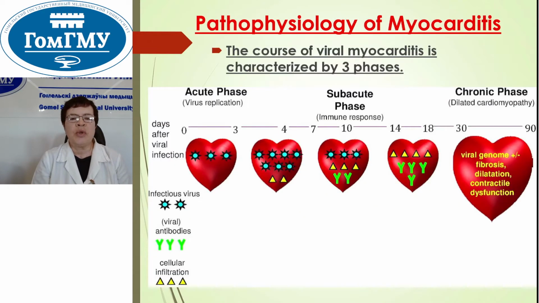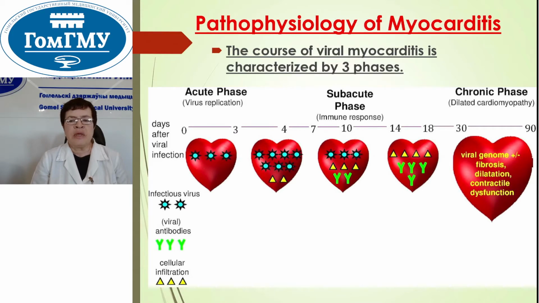On this picture, you can see the pathophysiology of myocarditis. We can see that viral myocarditis is characterized by three main phases. It is the acute phase, virus replication, from the first day after viral infection to the 10th day. From the 10th day, it is the beginning of the subacute phase, so-called immune response.